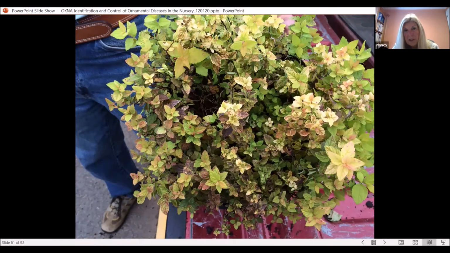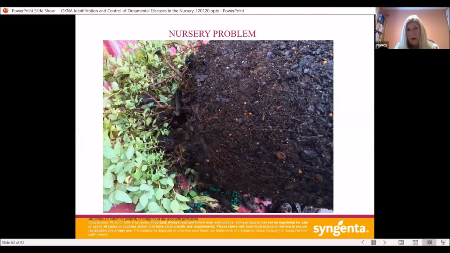So the nutrient deficiency and the chlorotic foliage was being caused by no roots. So periodically, especially when you have the bigger material, take a look at the root system to see what's going on below that container, because in this case, the roots were just gone. And so you're not only going to see nutrient deficiencies because it can't pick up the nutrients it needs, but eventually you're going to have a dead plant.